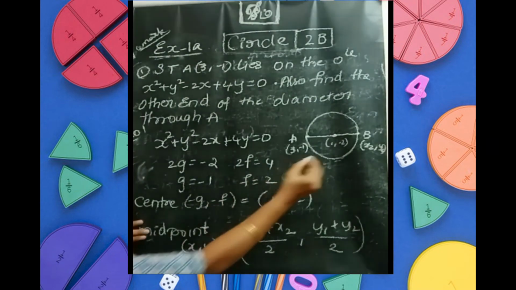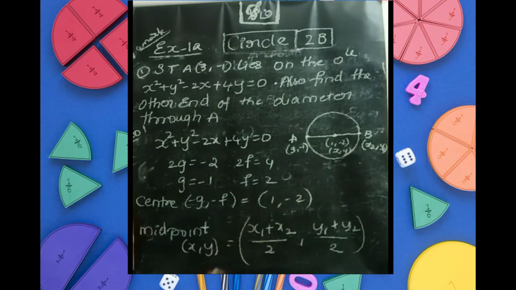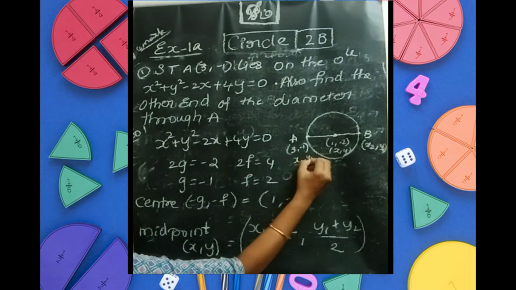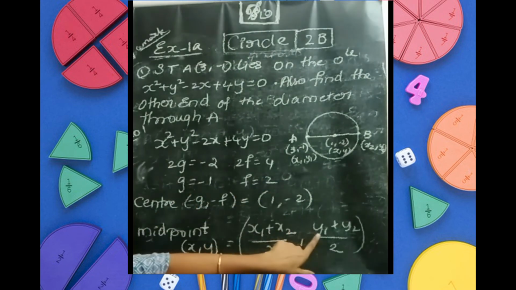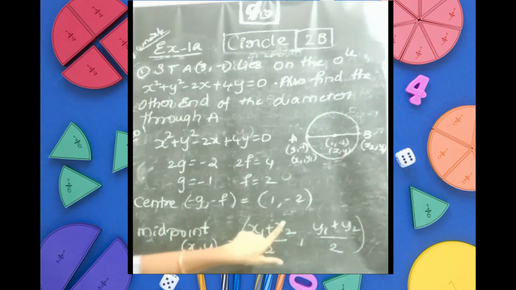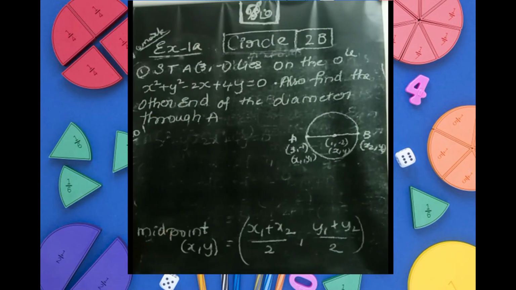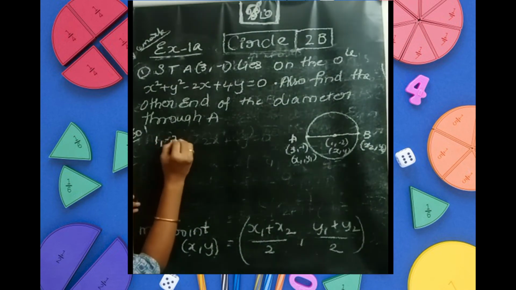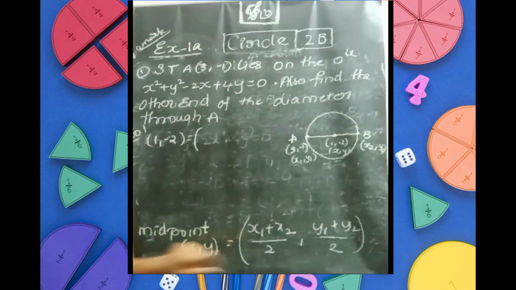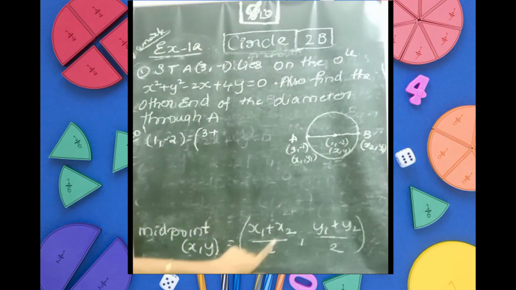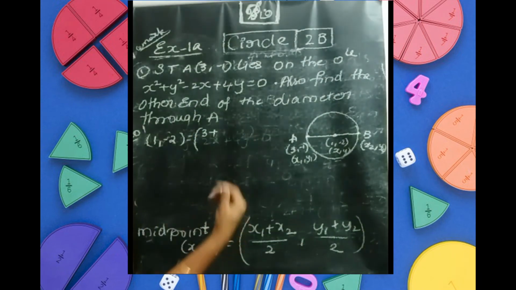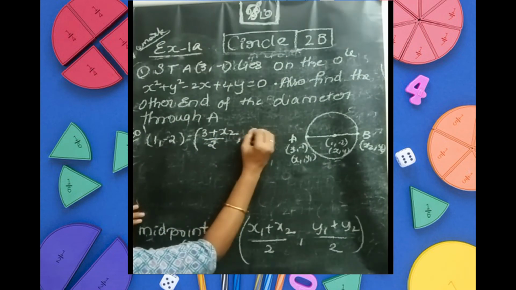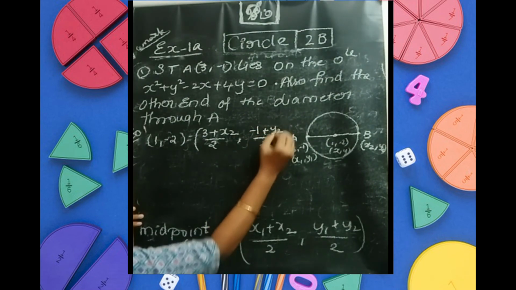Let x comma y be the center, and this point is x1 comma y1. Now we have to find x2. Substituting the values, the center 1 comma minus 2 equals 3 plus x2 by 2 comma minus 1 plus y2 by 2.